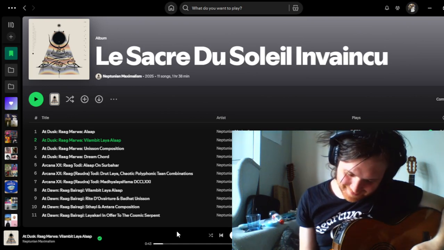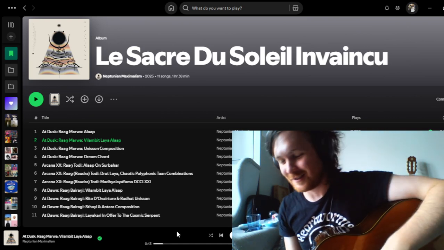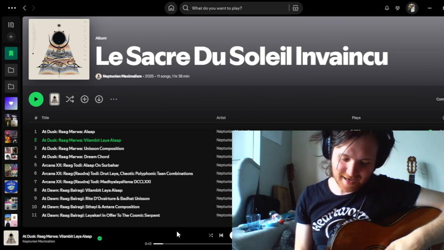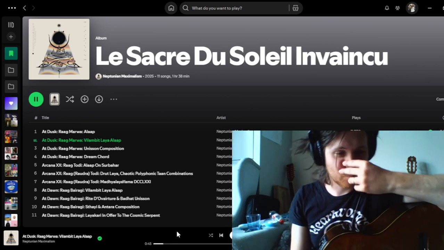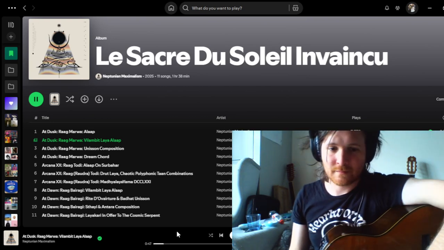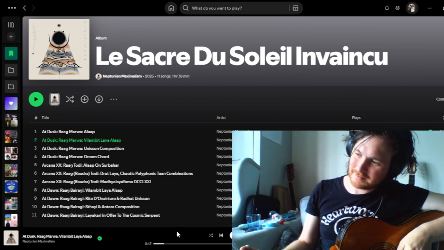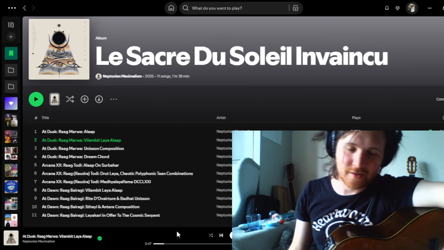Okay, that's quite a fun thing to do with the guitar. Just slide a power chord all the way up an octave. It sounds fun. Okay, interesting.